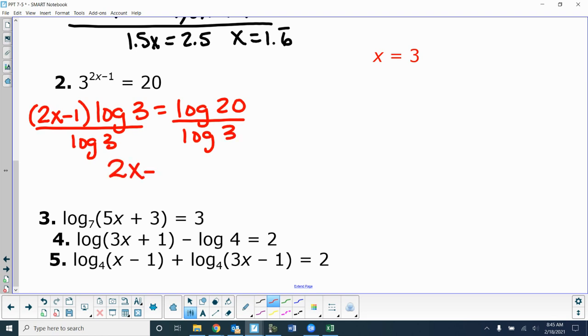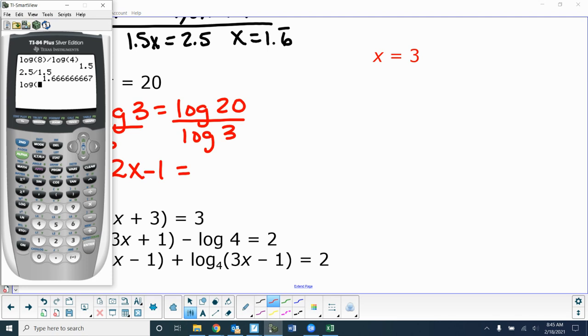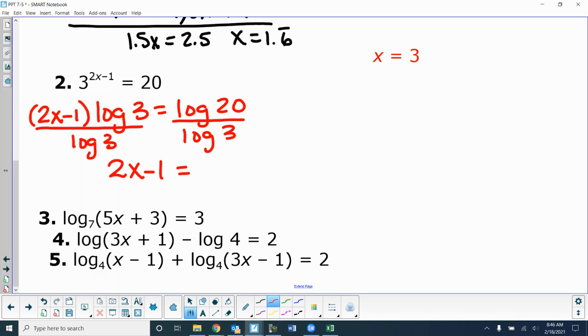So then you get 2x minus 1 equals whatever that is. So log of 20, close it off, divided by log of 3, 2.73, let's just round it to hundredths. So you're going to add 1, which would be 3.73.